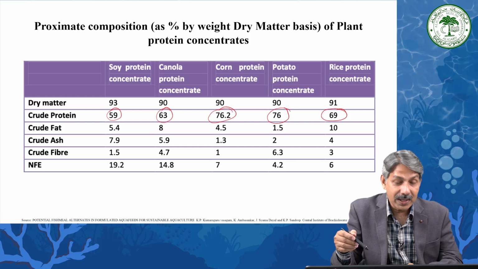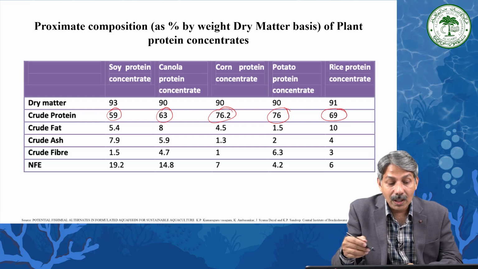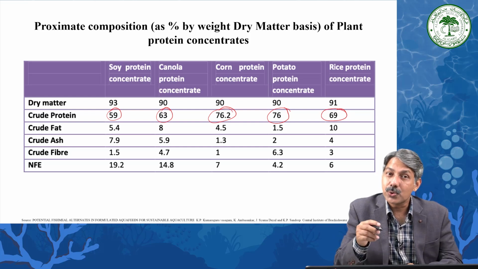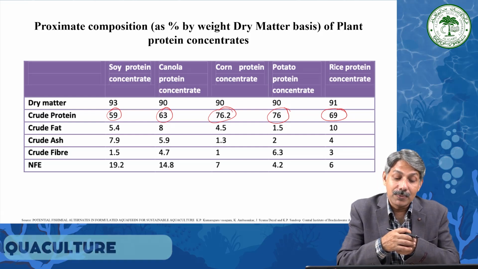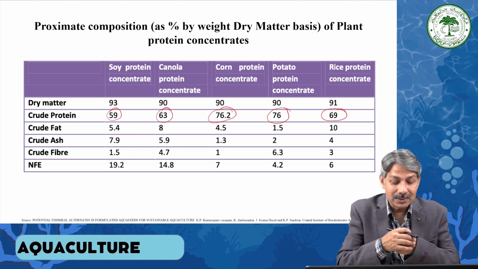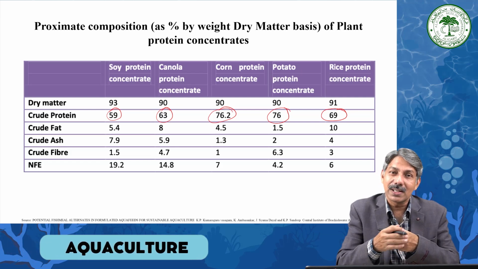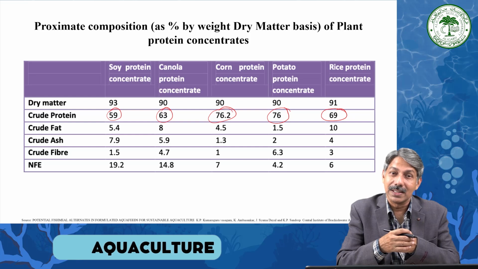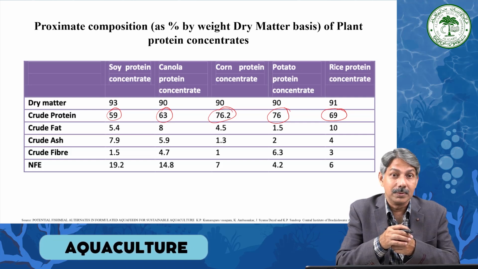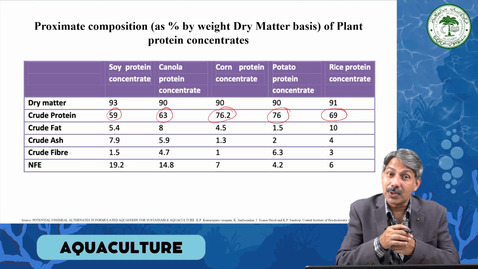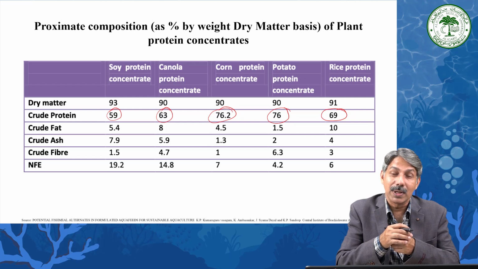So that way we can understand how different ingredients are there. But while choosing the ingredient for your feed preparation, we must be careful about not only the protein but other aspects like its digestibility, the availability, and the protein efficiency, or you can say protein utilization, whether it is being utilized by the fish properly in converting into biomass or not.